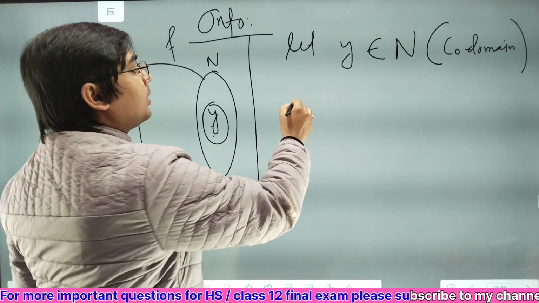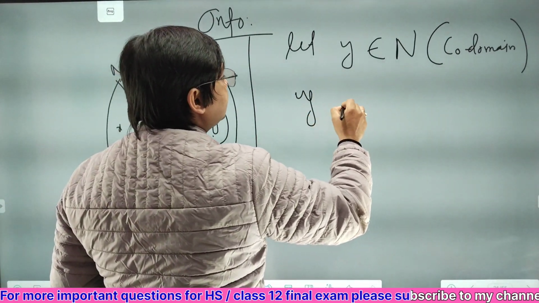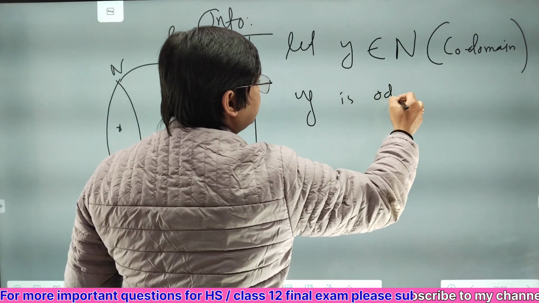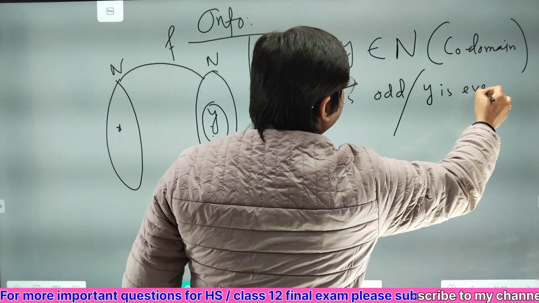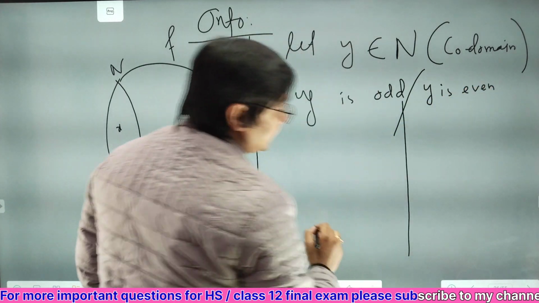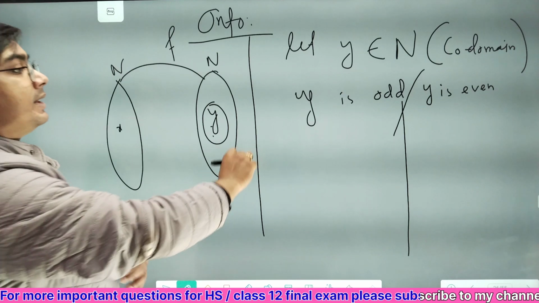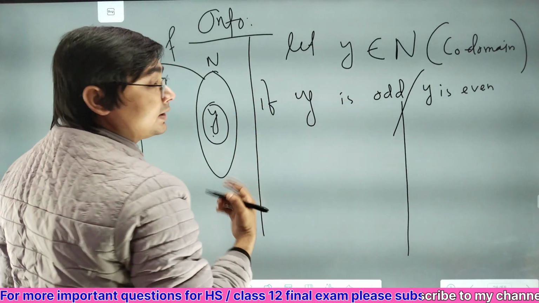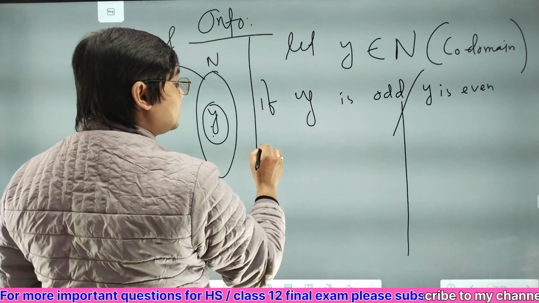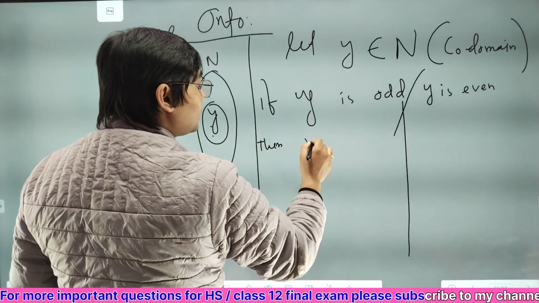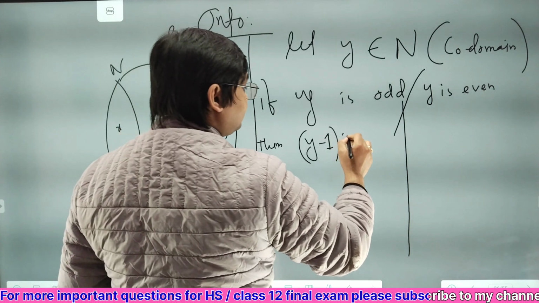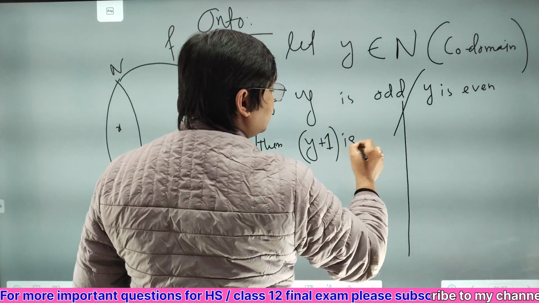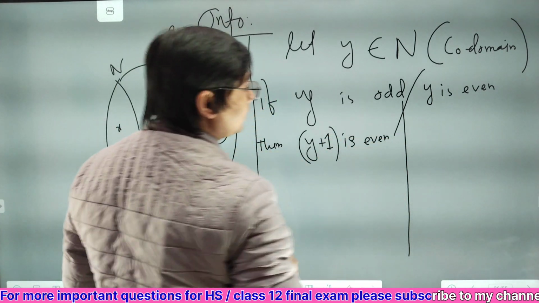Maybe this y is odd, or y is even. So there will be two cases. If y is odd, then y plus 1 will be even.